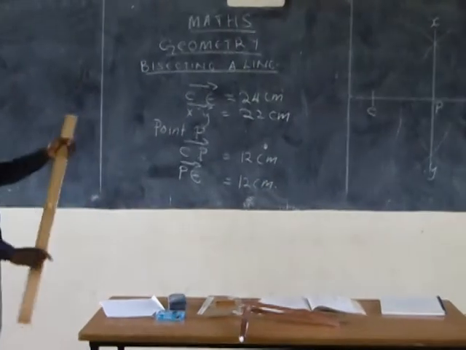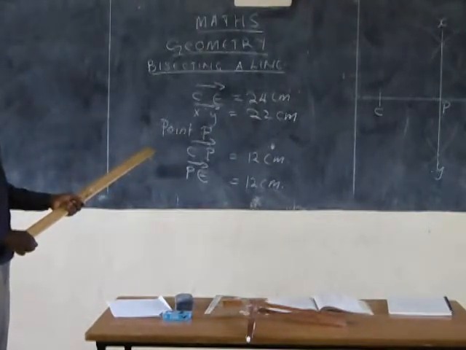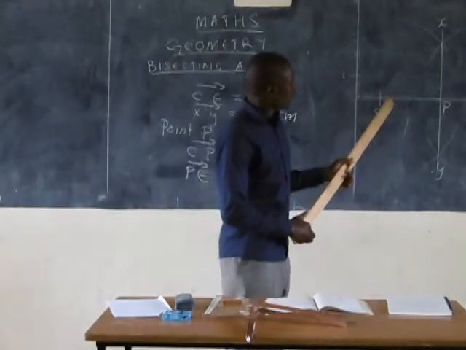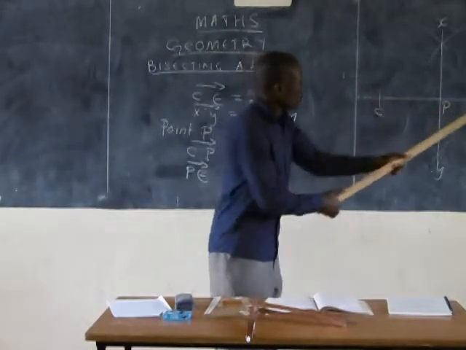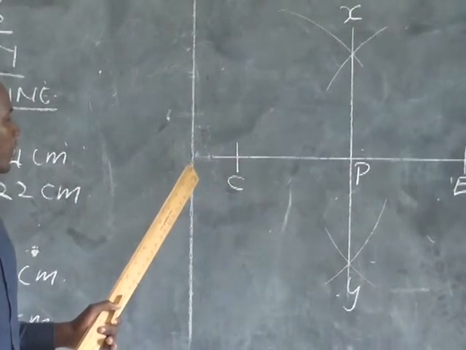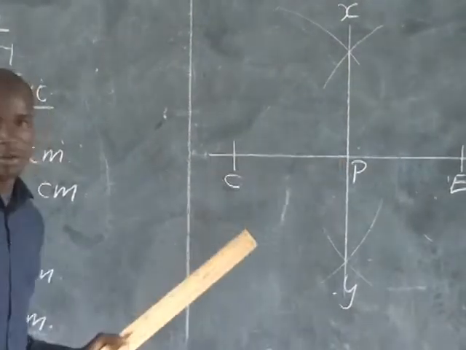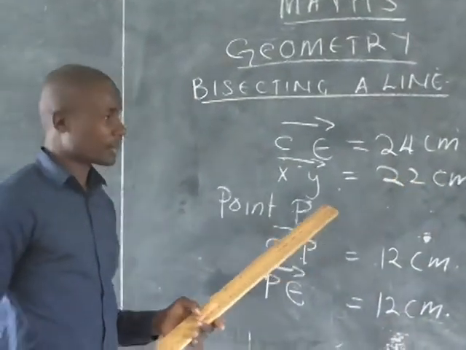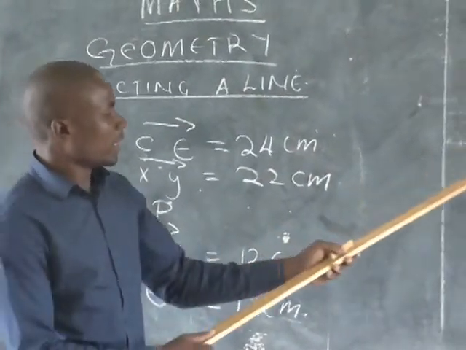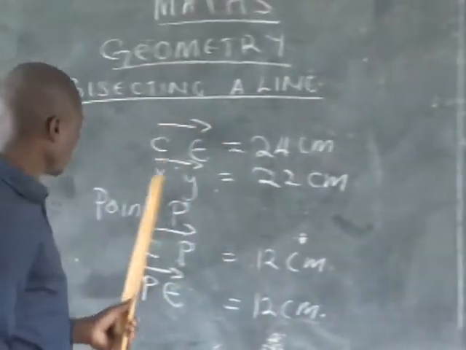Now look at this. From our construction, we can now observe that CE is 24 centimeters and CP is 12 centimeters. So, we will realize that CP is half of CE. Is it true?